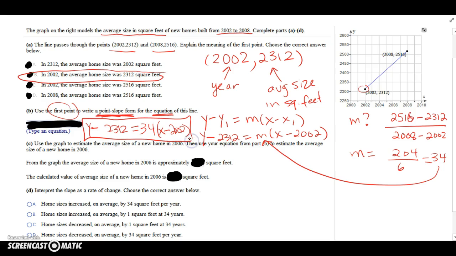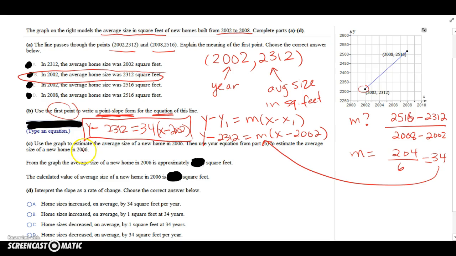So part B, the answer is that equation, and we leave it as is because it just said give me the equation in point slope form. If it said give it in slope intercept form, we would distribute the 34, move the 2312, and then we would have y equals mx plus b. But the distinct thing they said was use the first point, meaning the first ordered pair, and give it to me in point slope form. So we're done with part B.